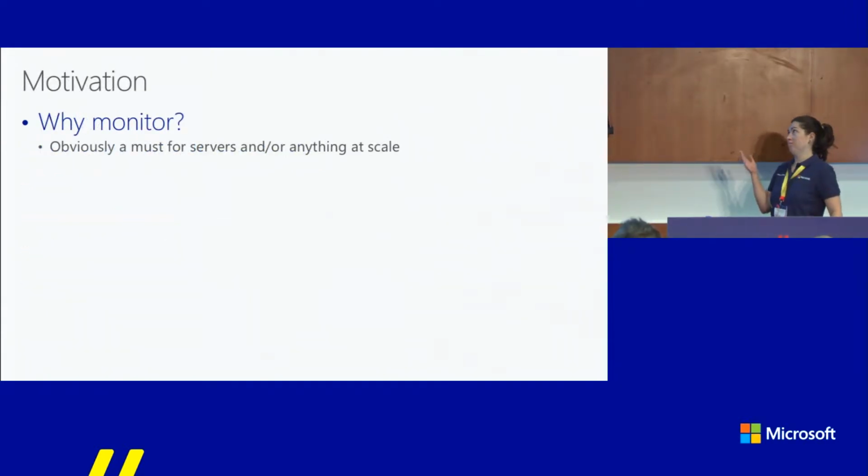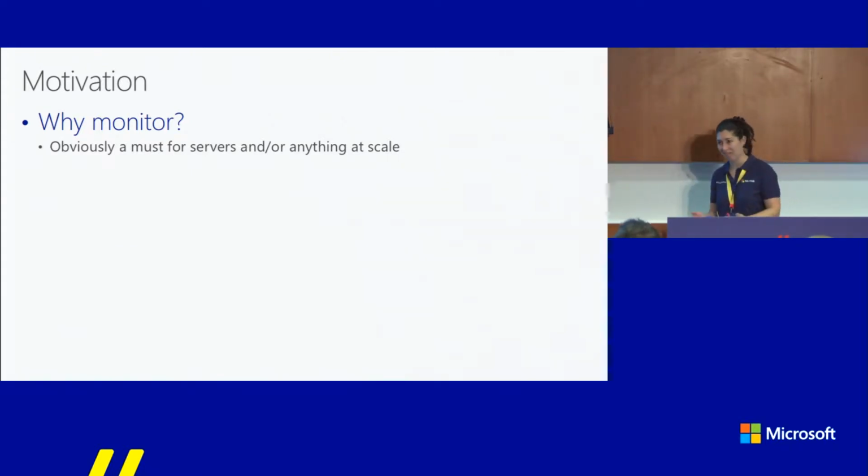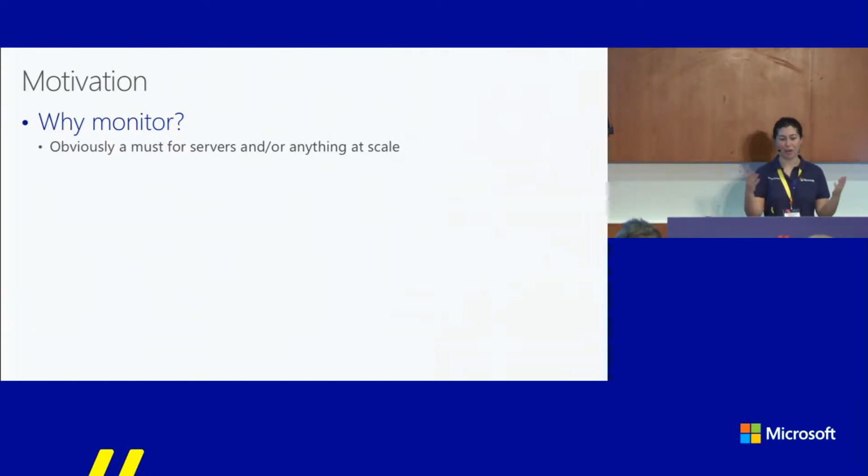So, why should we even monitor? I think it's fairly correct to say that we all probably agree that we must monitor our applications. This is especially obvious for anything at scale. If you're developing servers, you have to be on top of things.